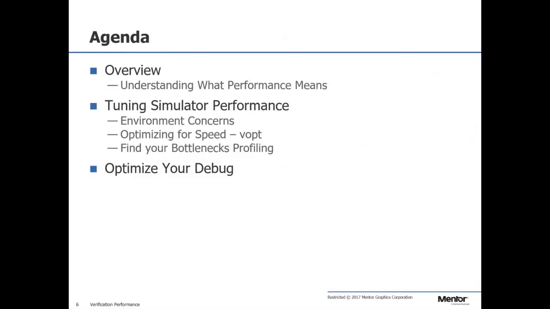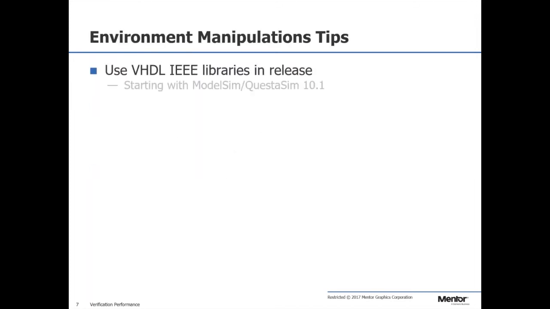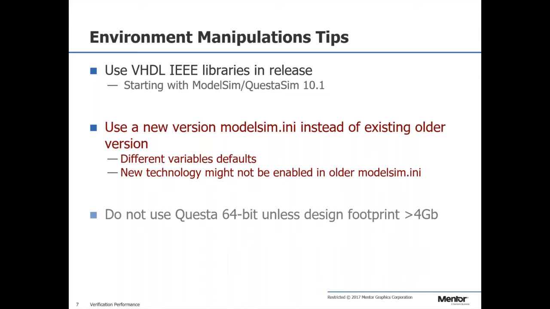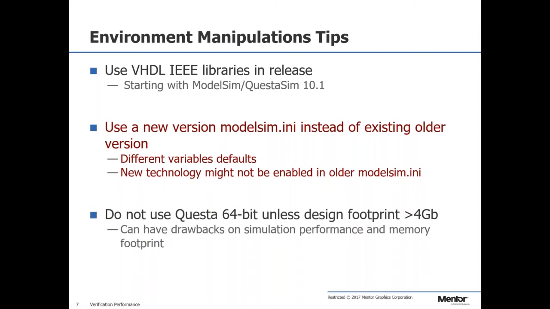So then, how can you make sure that ModelSim and Questa, well, Questa, are running as efficiently as possible? The first few slides I'll go through are just a couple of things that you might consider.